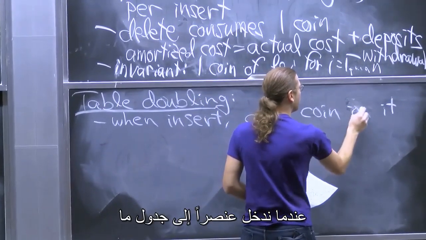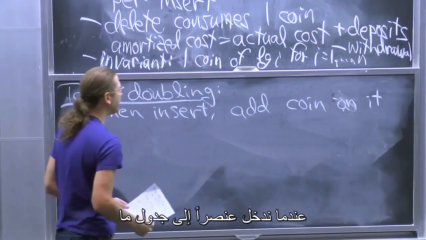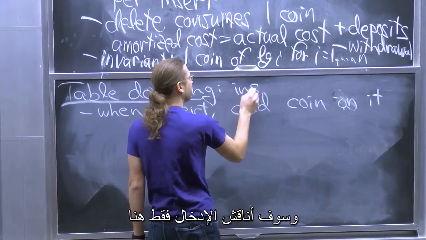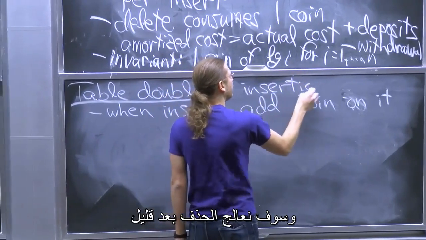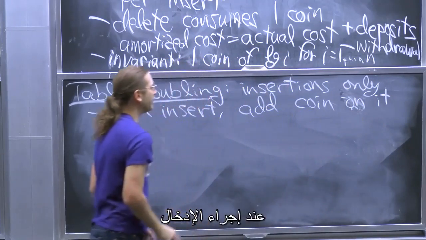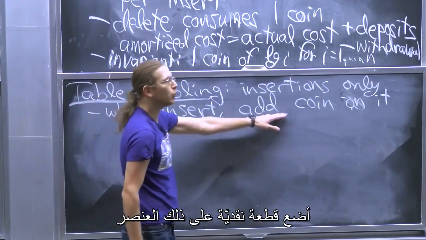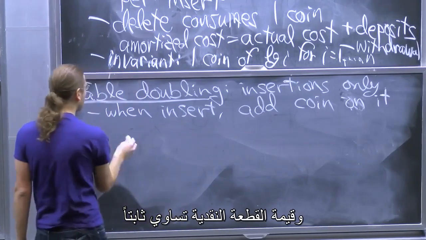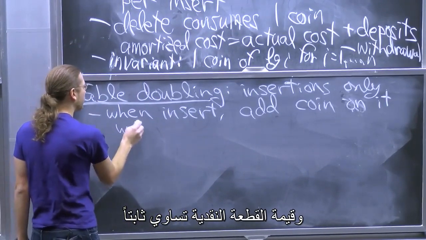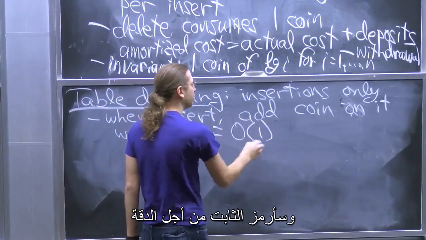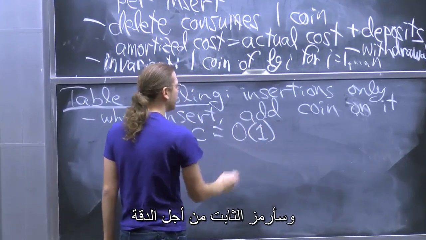Let's say when we insert an item into a table, and here I'm just going to do insertions. We'll worry about deletions in a moment. Whenever I do an insertion, I'm going to put a coin on that item. And the value of the coin is going to be constant. I'm going to give the constant a name, c, so we can be a little more precise in a moment.